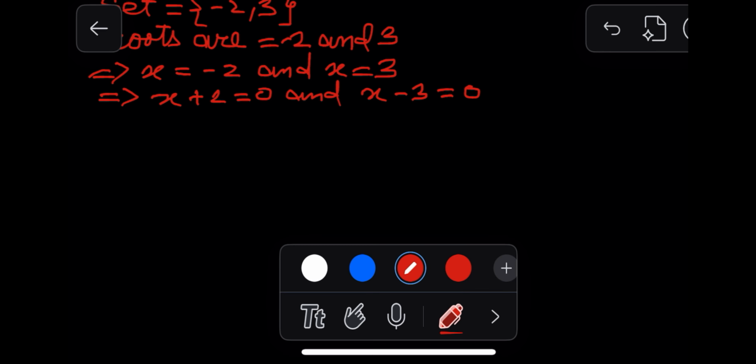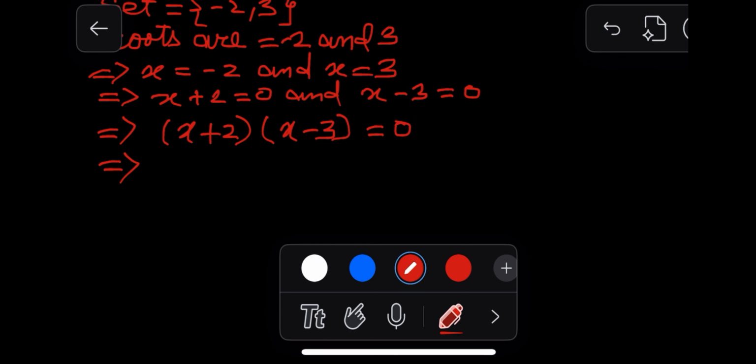Now if we multiply these two factors, which is (x + 2) and (x - 3), which becomes equal to 0. So multiply these two factors: x multiplied with x is x square, again x multiplied with -3, so it is -3x.